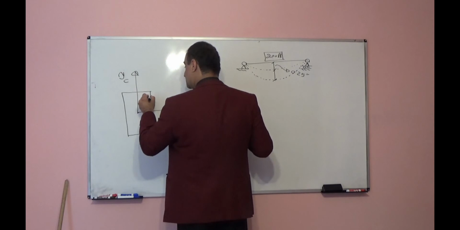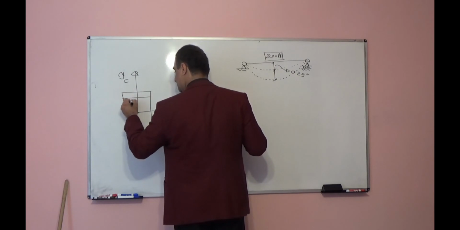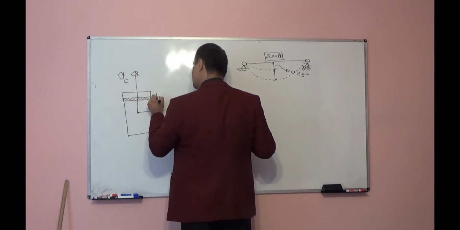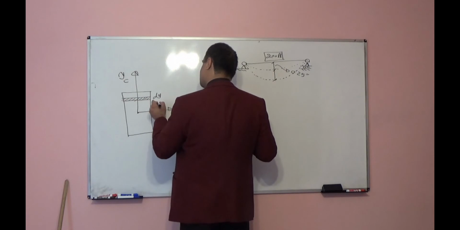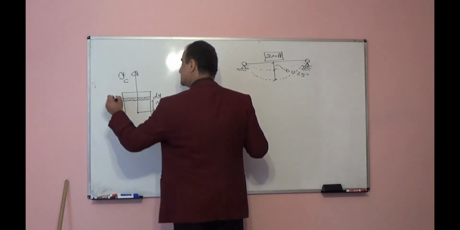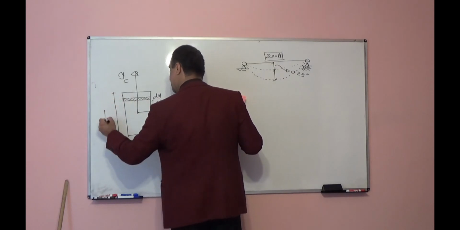If I assume one strip element like this, the thickness for this element is dy, the distance up to the x-axis is y, the width for this rectangle is b, and the height is h.